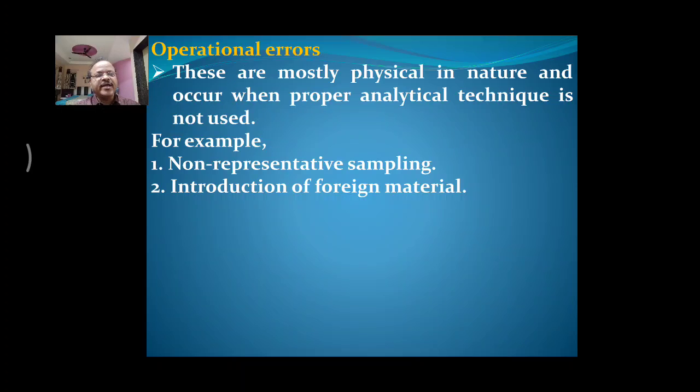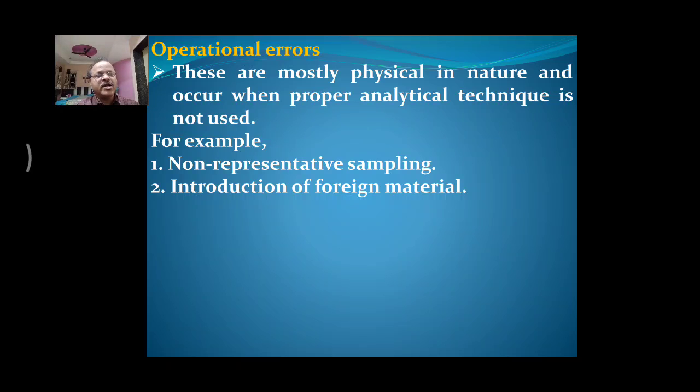If we have taken a sample from one portion only, and we analyze that sample and apply the report to the whole material, that is not correct, and it will cause operational errors.